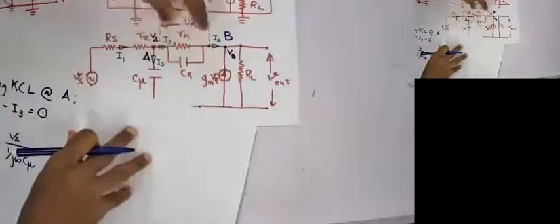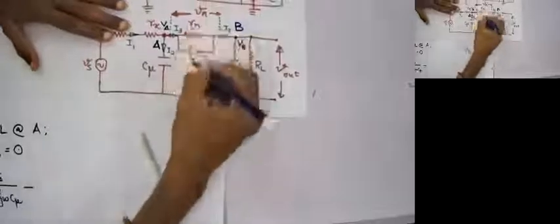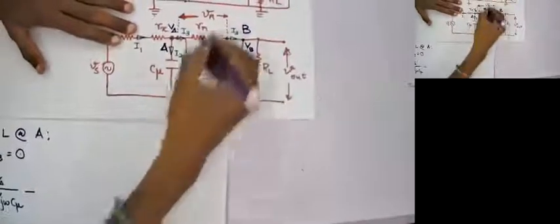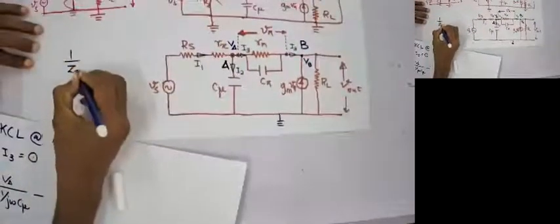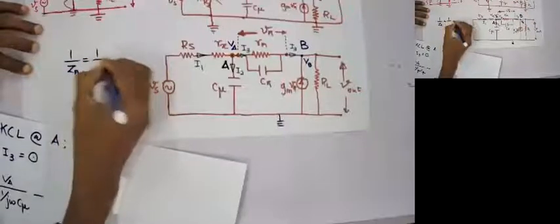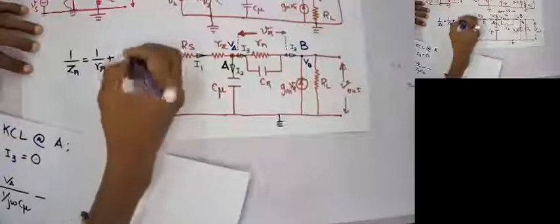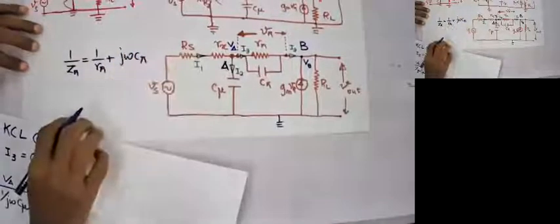the voltage across these two parallel components divided by the parallel combination of this one. Or I can simply write, let's take it as Z pi, R pi parallel C pi. So I can simply write 1 over Z pi equals 1 over R pi plus j omega C pi. Am I right?